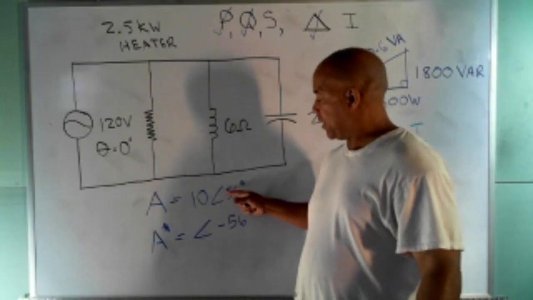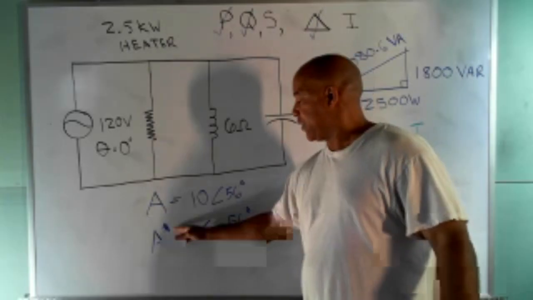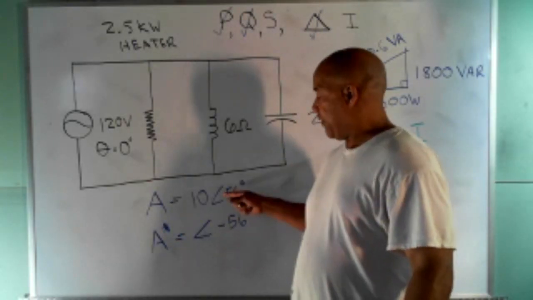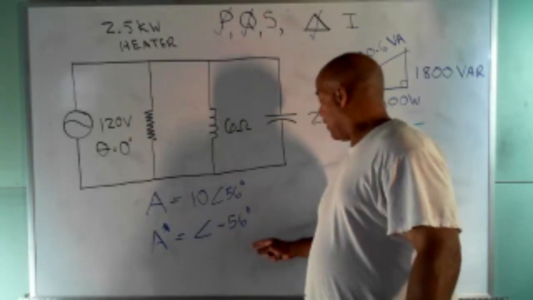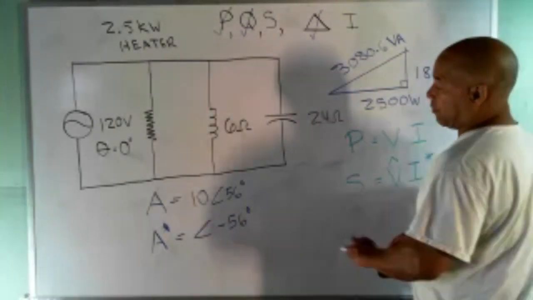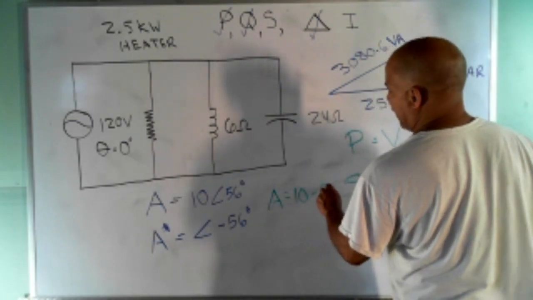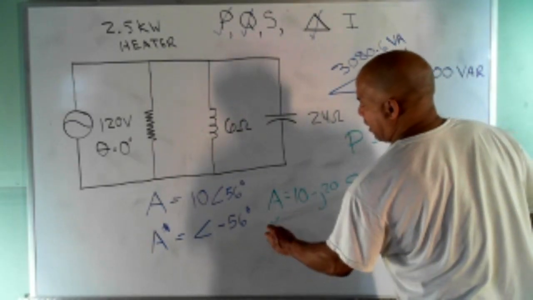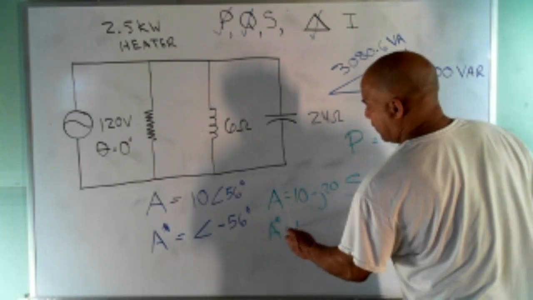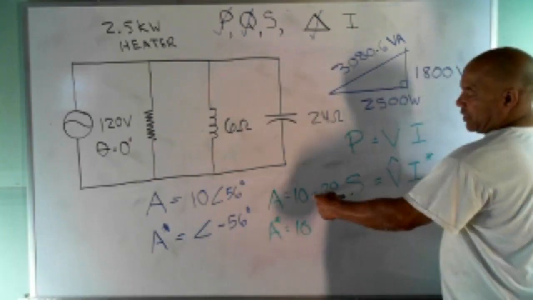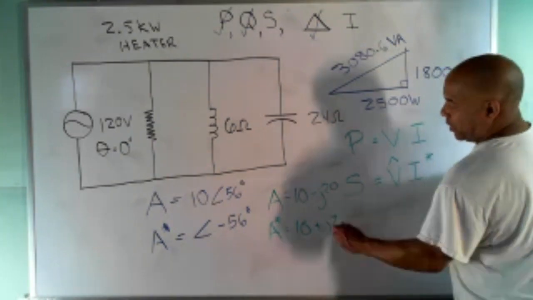Here, the phase is positive 56, so A star would be a negative 56. If this was negative 56, then A star would be a positive 56. If I give it to you in rectangular form, if I give you A equals 10 minus J 20, how would I find A star? It would be 10, I just changed that sign right there, plus J 20.